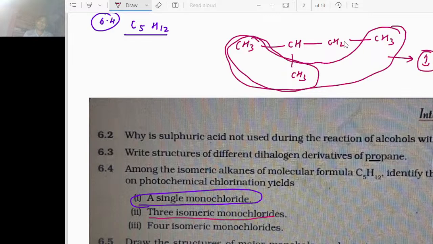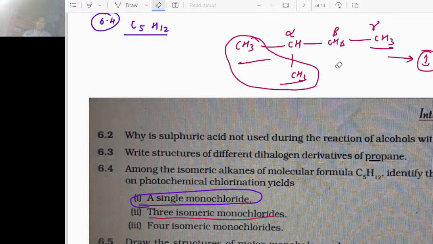Here you can replace, because if you consider this alpha, this is beta, and this is gamma, these methyl groups are the same, so you can replace any one. Or you can go the other way. You can replace any position here, second position, and you are going to get the similar product.